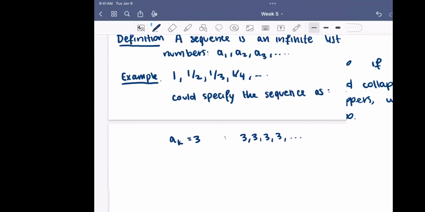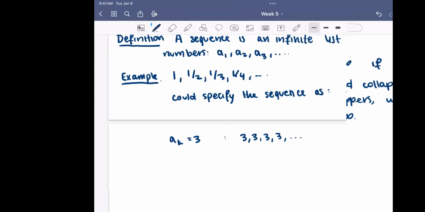Hopefully infinite lists of things are not a totally foreign idea, because we've been looking at collapsing collections, which are infinite lists of intervals. Now we're just looking at infinite lists of real numbers. Other questions? In this context, it makes sense to ask: as I look further and further out in these lists, are the numbers approaching a specific value?